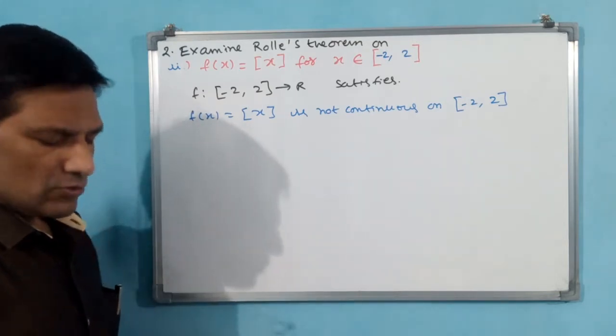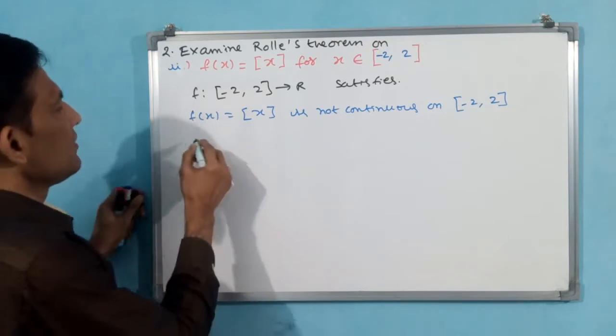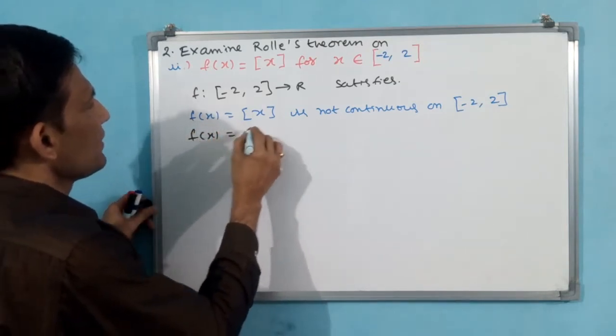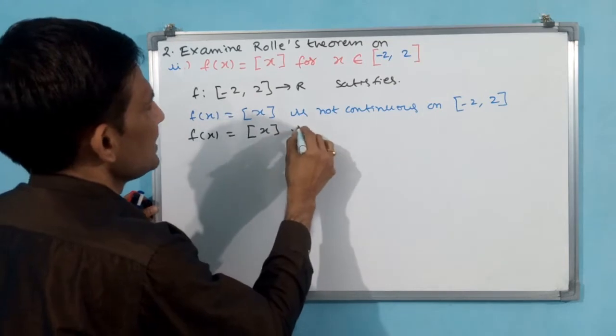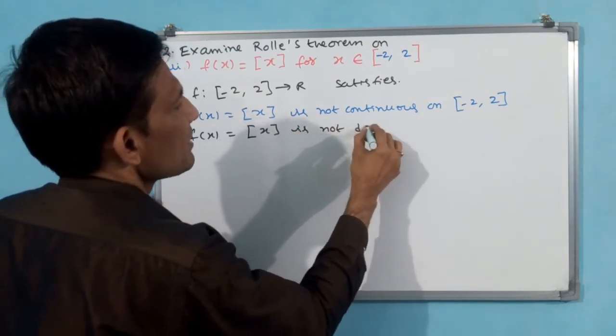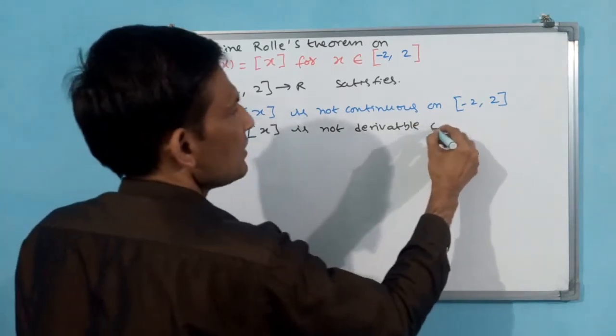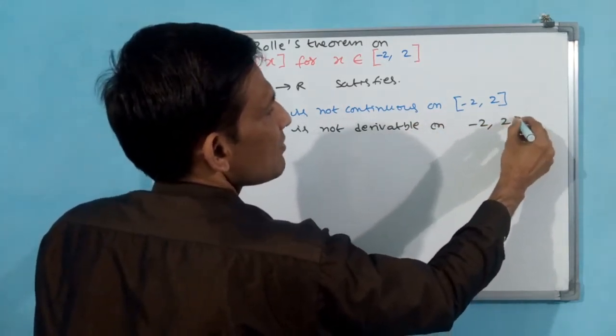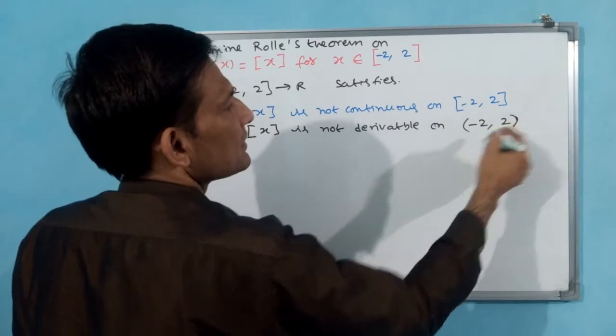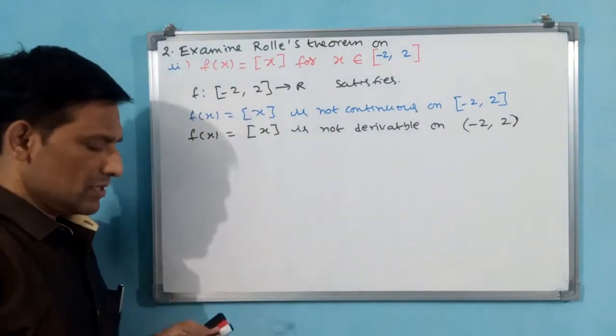When not continuous, there is no question of differentiable. Write down: f of x is equal to greatest integer x is not derivatable. Derivable or derivatable, both you can write, on the open interval minus 2, 2.